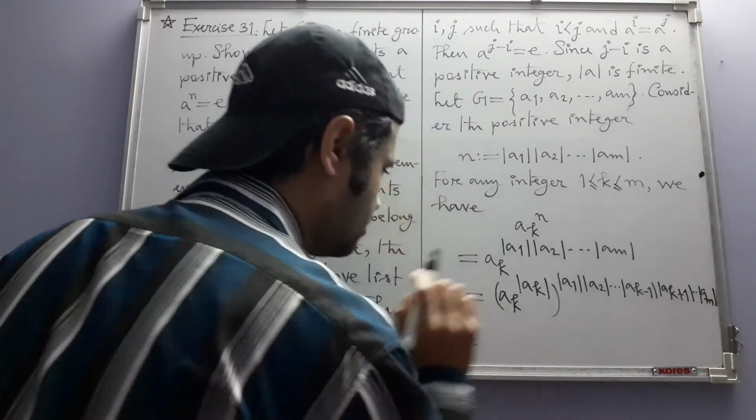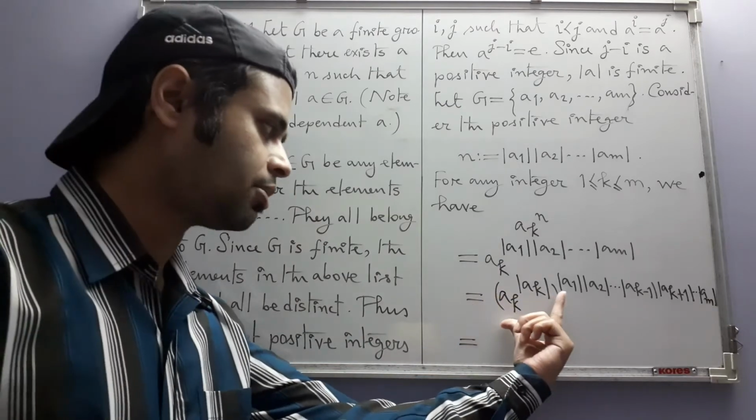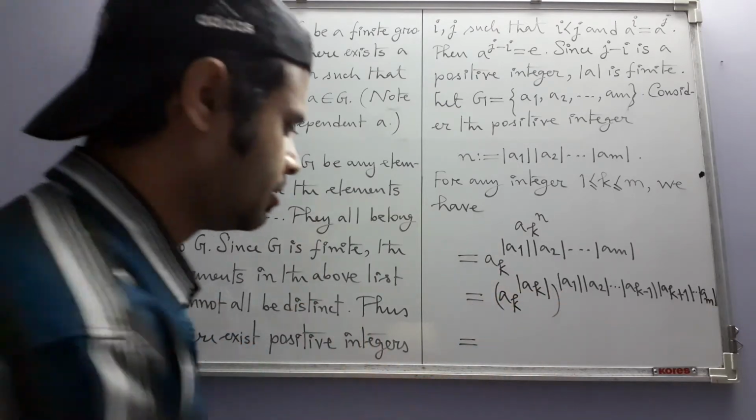Now this one, because this is nothing but the order of ak, this power of ak is equal to the identity.